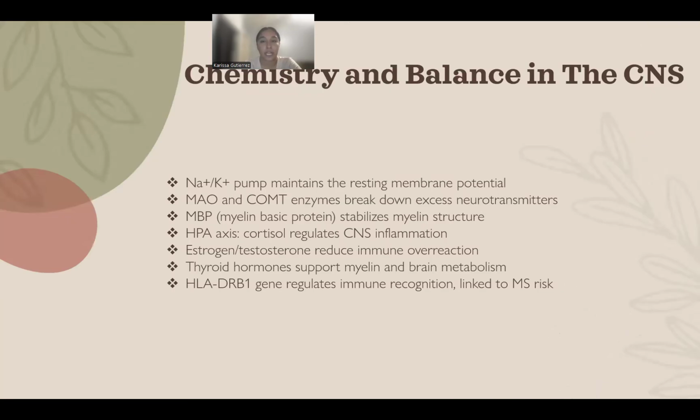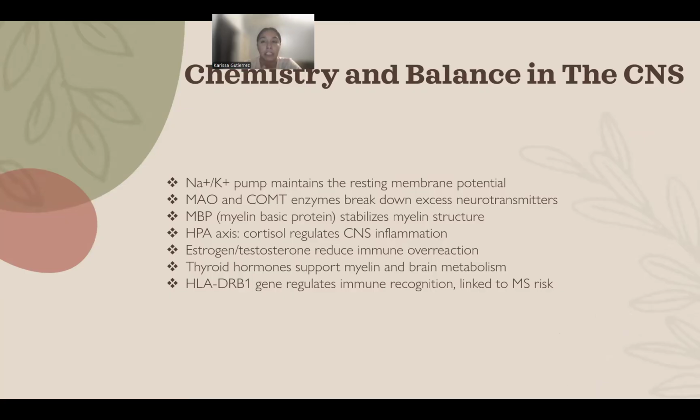Neurons rely on the sodium-potassium pump to maintain their electrical charge. After neurotransmitters are released, enzymes such as MAO or COMT break down the surplus to prevent overstimulation. MBP is a key protein that helps hold the myelin sheath together.